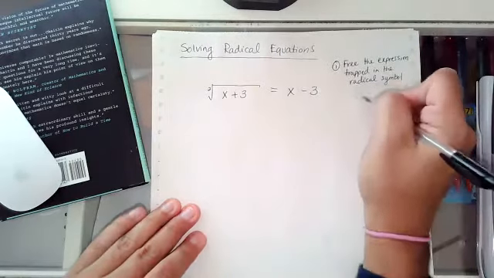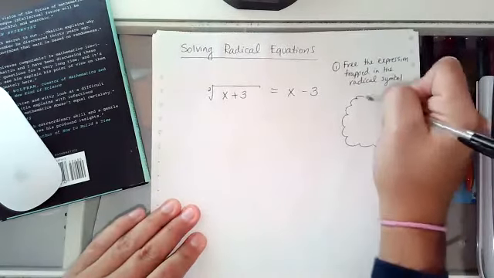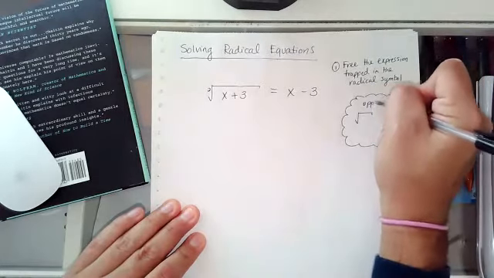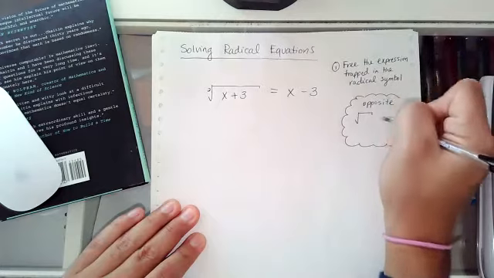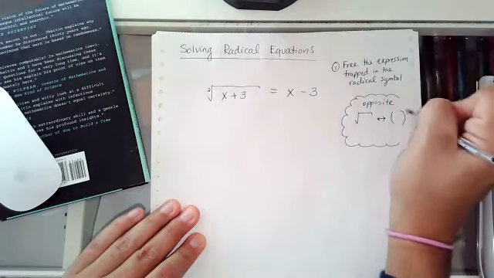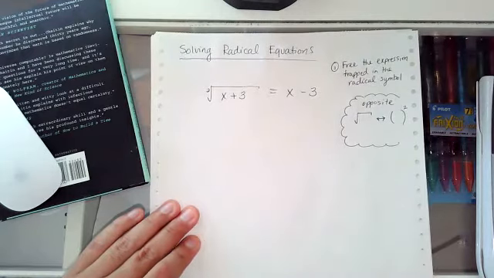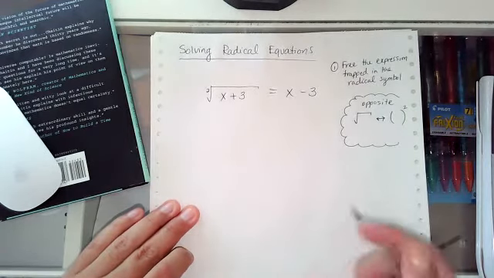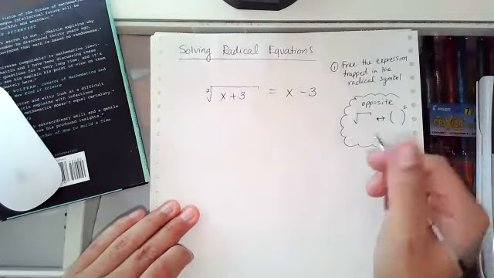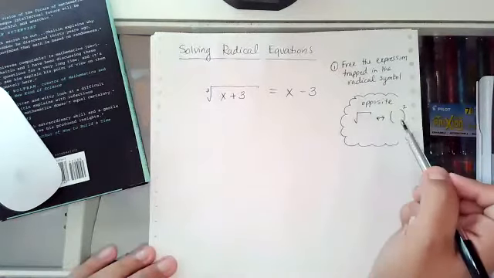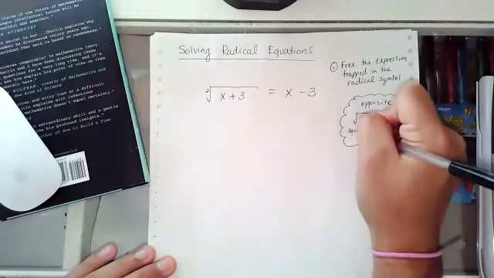But we have to remember that the opposite of the square root, or the inverse of the square root, is raising something to the second power. Right? So you have to hammer that into your head, that in the same way that addition and subtraction are opposites, square root and squaring are opposites.